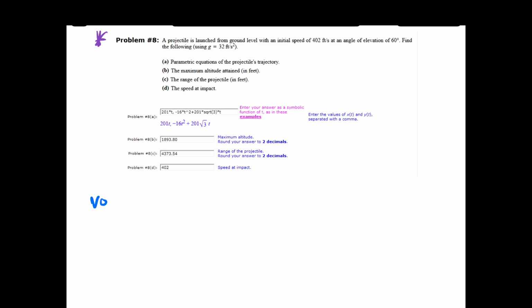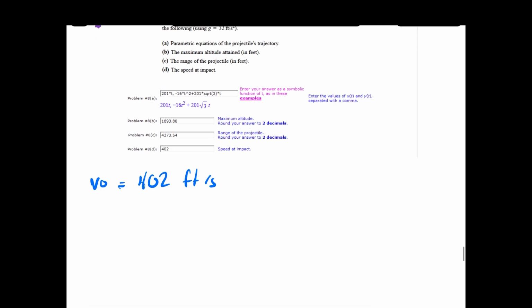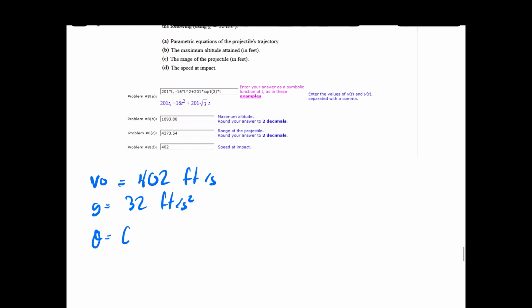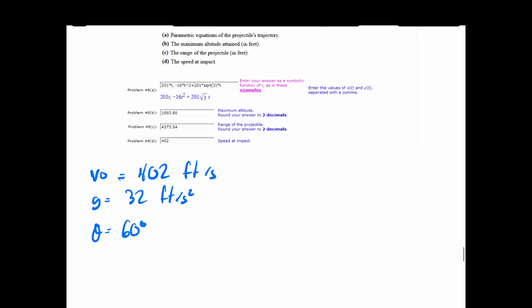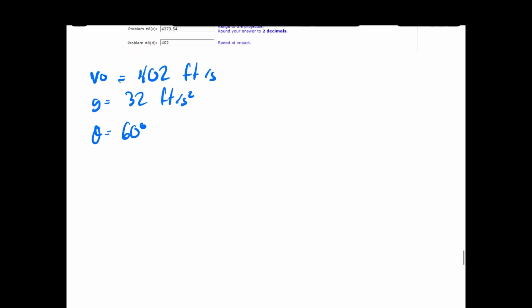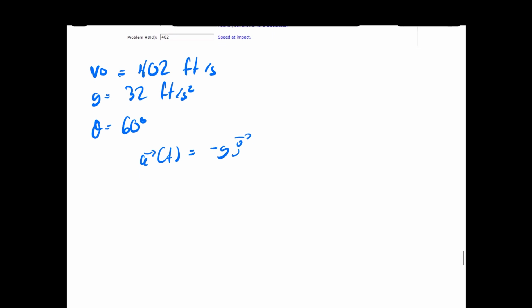So, v naught equals 402 feet per second. We're assuming g equals 32 feet per second squared, and theta equals 60 degrees. And so, just remember that for v at t, you always start with a at t equals -g times the j vector.